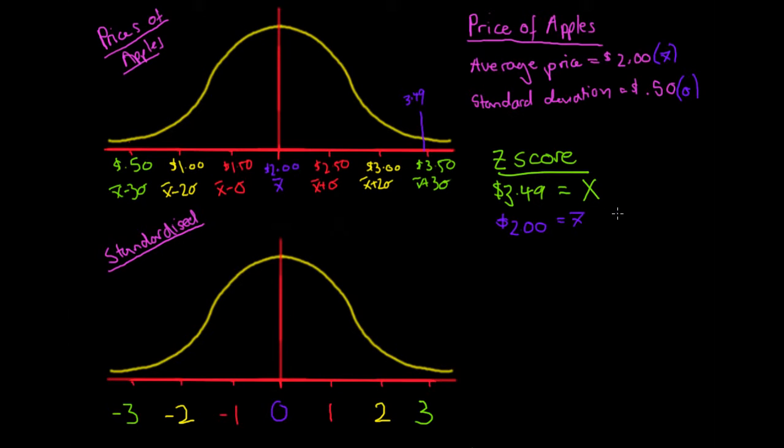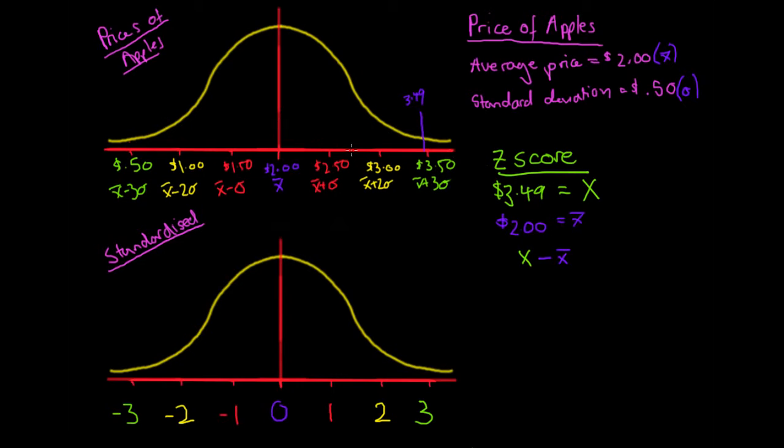So the way we work out this z-score is that we basically take our observation of x, our $3.49, and we want to know how far away from this mean value we are. So the z-score is how far away from the mean value we are. So what we do is we take this mean value away from our x observation.